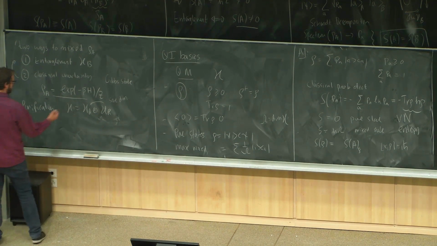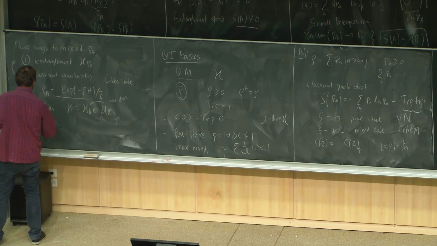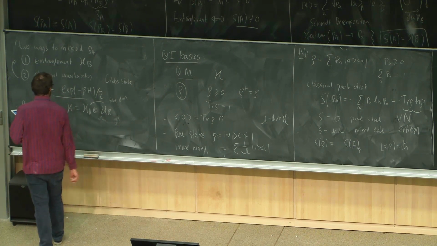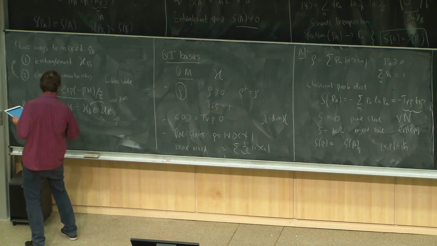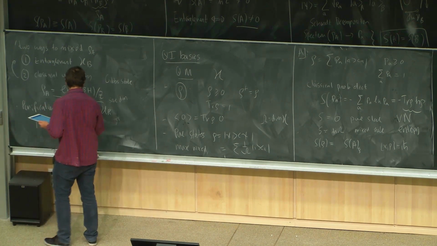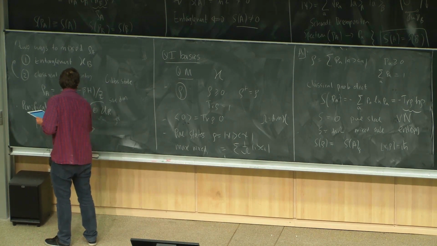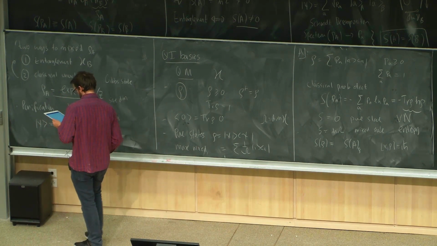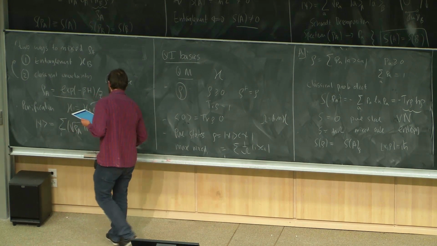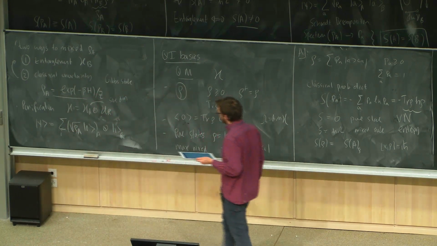There's a really simple thing you can write that does the trick. I can take a complete set of states in these Hilbert spaces, take my reduced density matrix, take the square root of it, and act on |i> in A, and then tensor with |i> in the reference. And that will do the job.